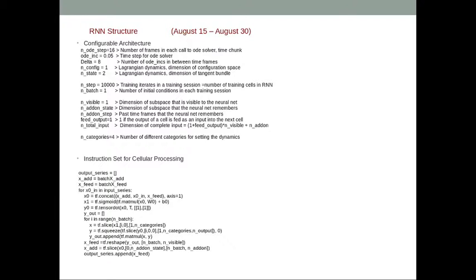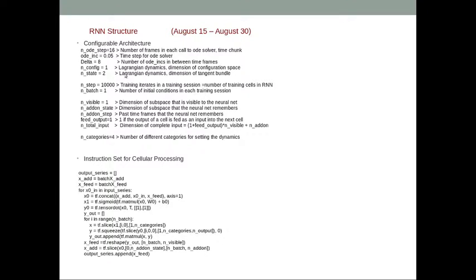That will be the angle of the pendulum, and N state is the Lagrangian dynamics dimension of the tangent bundle. That's the number of state variables. For the pendulum, it's 2. It's the configuration state, or theta, plus, in addition, the velocity of the angle, or the angular velocity.